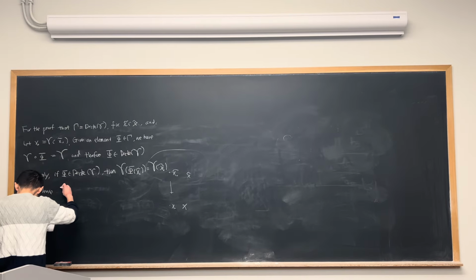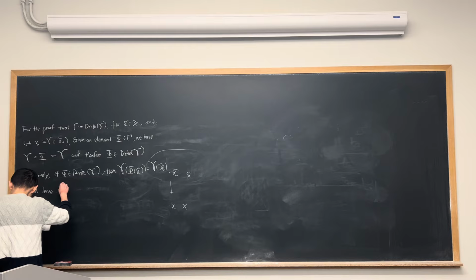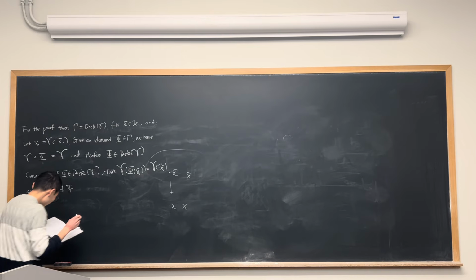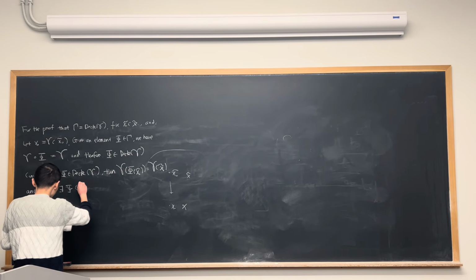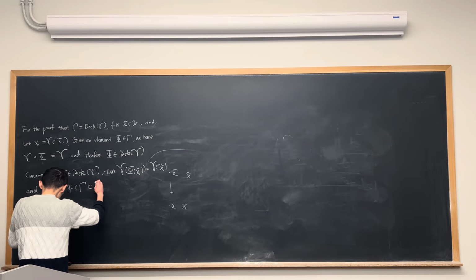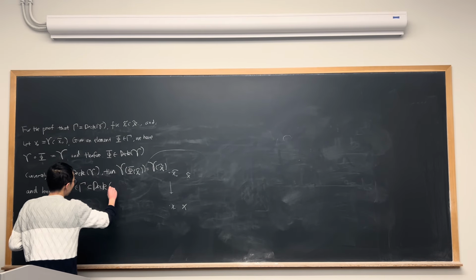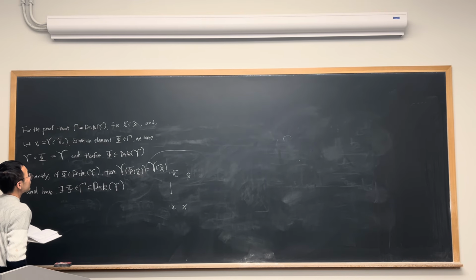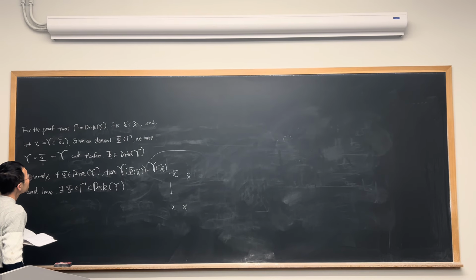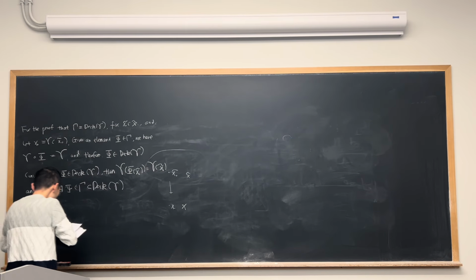So there exists an element, let's say psi, in this gamma, with a subset of the deck transformation group of this vertical gamma. So we have shown this inclusion here.